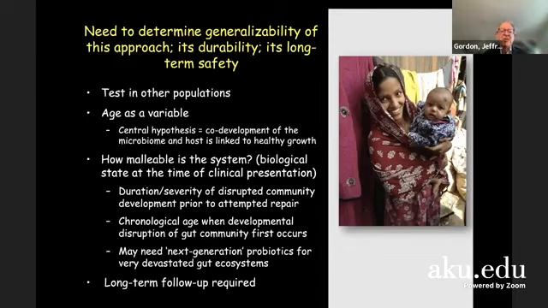Another important challenge is to determine the malleability of the system. What's the biological state at the time of clinical presentation? So does the duration and severity of disrupted community development affect response to treatment? Is the chronological age when the developmental disruption of microbiota assembly first occurs going to influence outcomes?